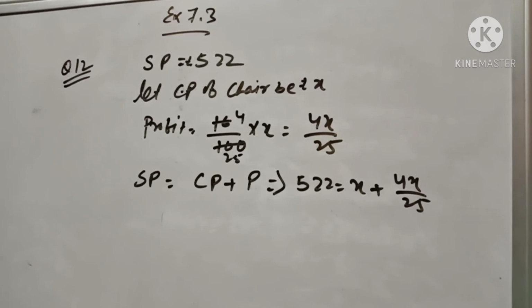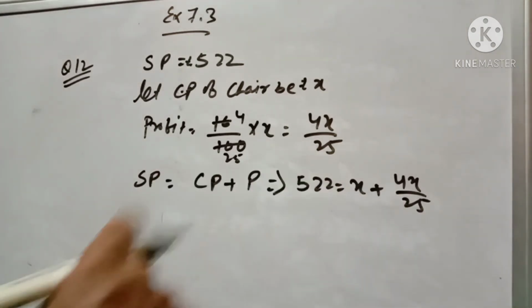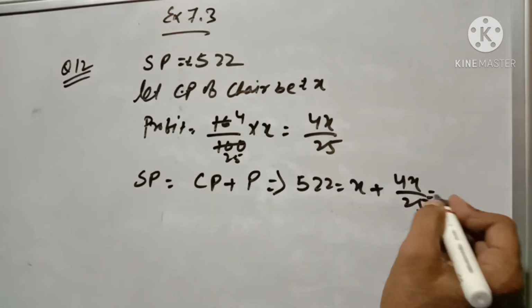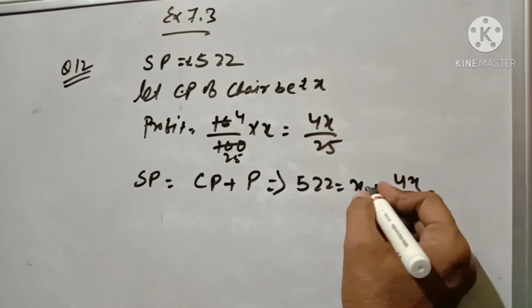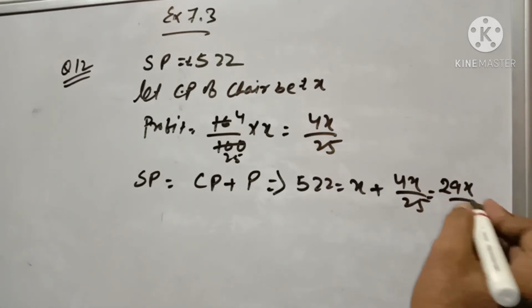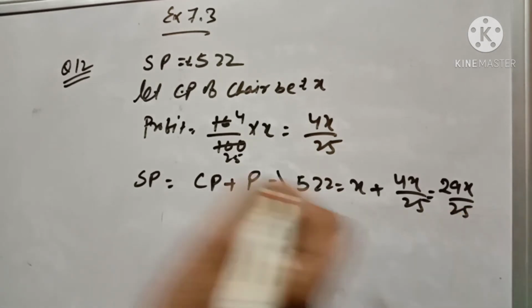So according to the question, this is our SP of the chair. So SP equal to 25x plus 4x means 29x by 25.